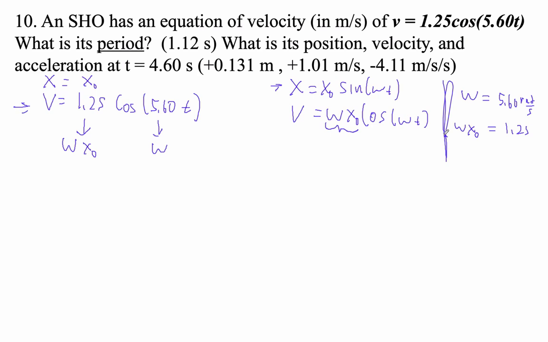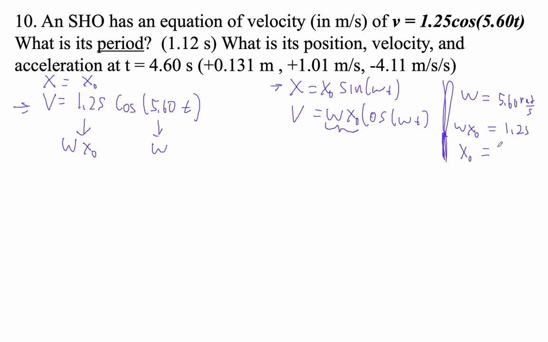Now using some devilry called division, x naught is just this divided by this, 1.25 divided by 5.6.